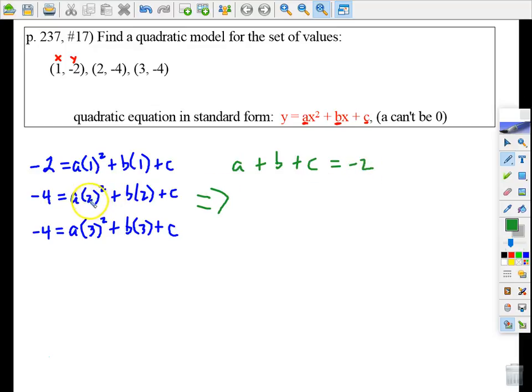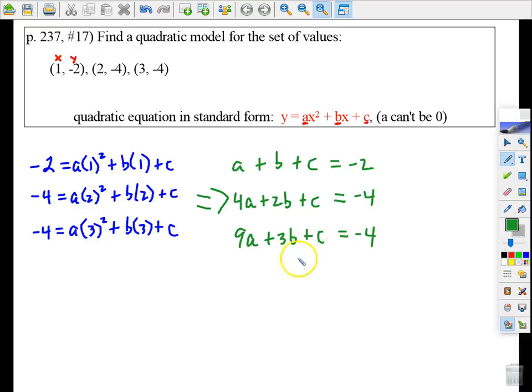The second equation, I need to square 2 first. 2 squared is 4, and 4 times a is 4a. And then this is going to be 2b plus c is -4. Now I square 3. 3 squared is 9. 9 times a, of course, is 9a plus 3b plus c is also -4.